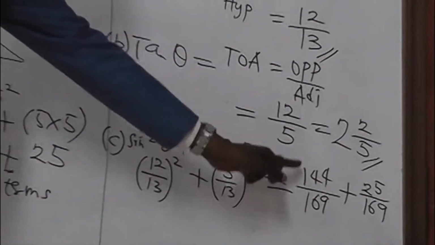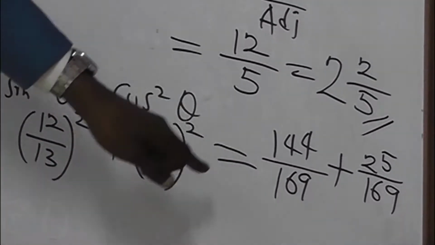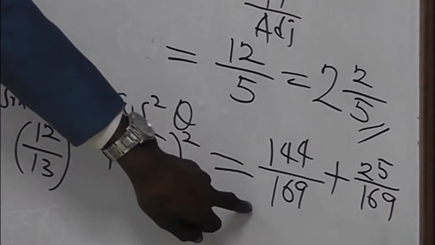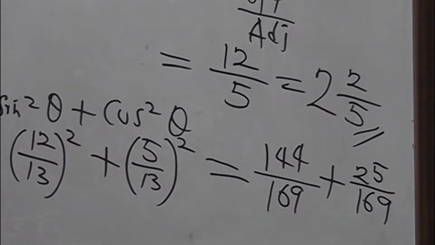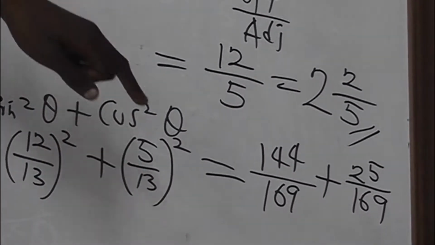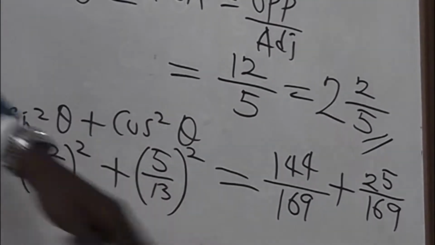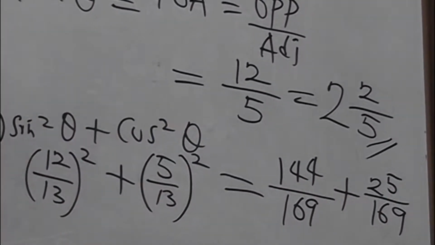If you look at the two fractions that we have here, we observe that they have the same denominator. The denominator is the one at the bottom. So this is 169, this is 169. What we need to do here is to take what we call the LCM, that is the lowest common multiple. The LCM of 169 and 169 is 169.